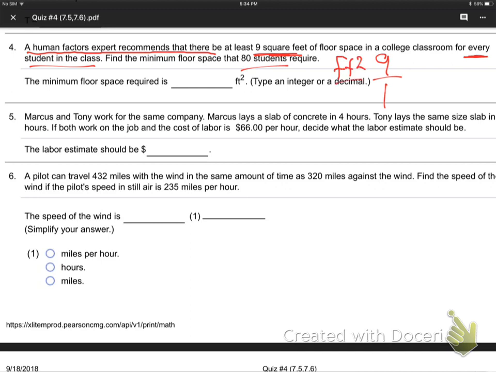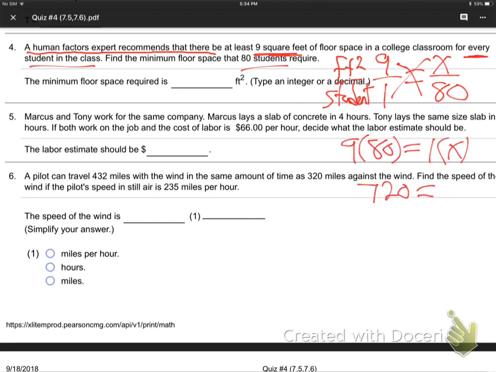That's square feet per student. You don't have to write in the units, but it might help. 9 square feet for every 1 student equals how many square feet for 80 students? How do you solve that? Cross multiply. So 9 times 80 is 1 times x, 720.